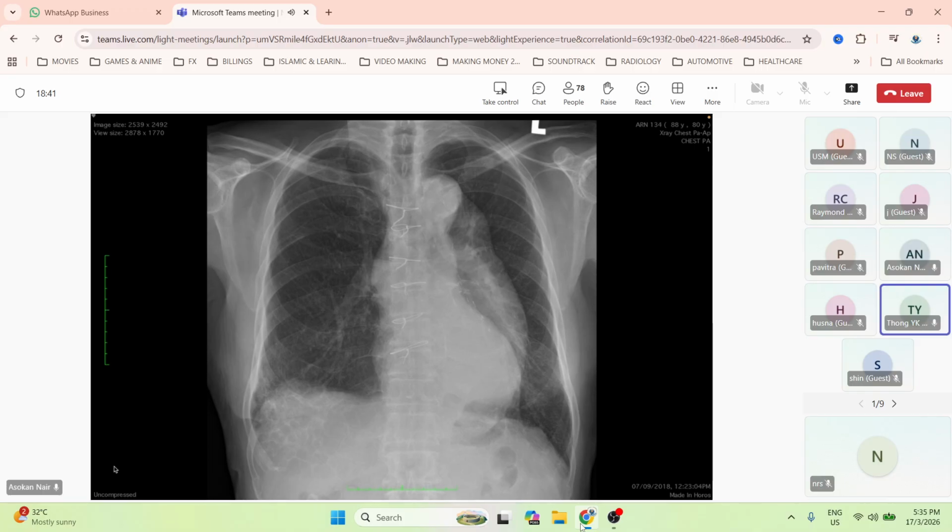So this is a frontal radiograph of an adult patient, frontal chest radiograph, and I can see that this patient has a history of a sternotomy with sternotomy wires at the frontal chest.